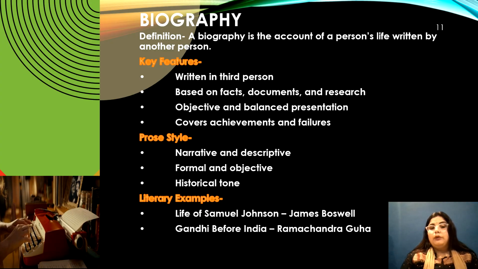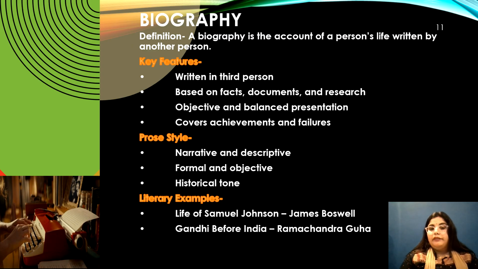If we talk about the key features, it is written in third person. As we have seen, autobiography is written in first person, but biography is always written in third person, like he, she, it. Then it is based on facts, documents, and research, and also interviews of that particular person.